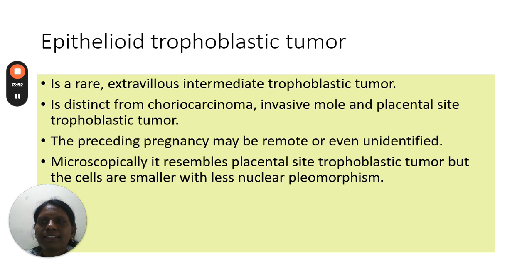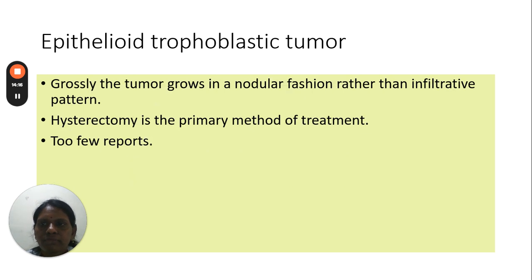Epithelioid trophoblastic tumor is a rare, extravillous intermediate trophoblastic tumor. It is distinct from choriocarcinoma, invasive mole and placental site trophoblastic tumor. The preceding pregnancy may be remote or even unidentified. Microscopically, it resembles placental site trophoblastic tumor, but the cells are smaller with less nuclear pleomorphism.